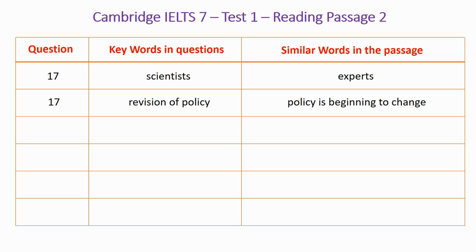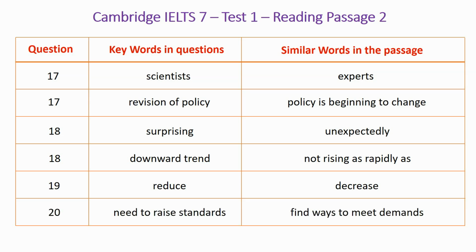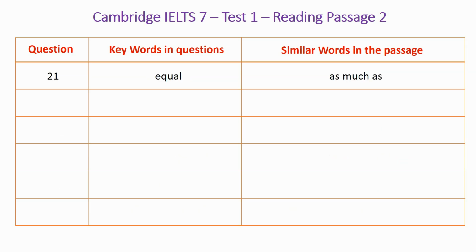This is related to the matching heading question. Surprising, unexpectedly. Downward trend, not rising as rapidly as. Reduce, decrease. Need to raise standards, find ways to meet demands. Equal, as much as.